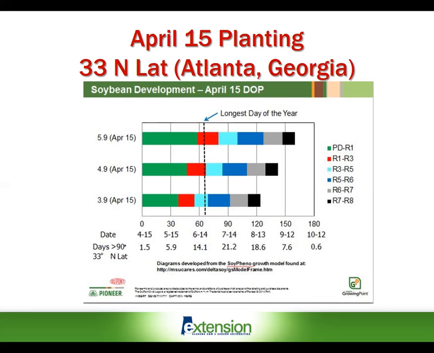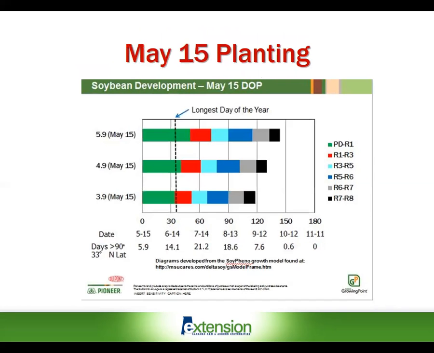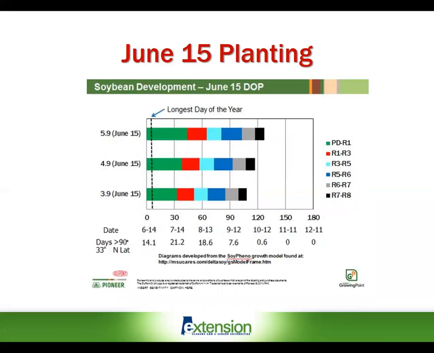More sunlight means a higher rate of photosynthesis, which is putting more energy into the plant that goes into pod production. You can see when we plant in mid-May, what happens is we're only into vegetative growth when we get the longest day of the year. And definitely when we plant in the middle of June, what you see is we just begin to have vegetative growth.